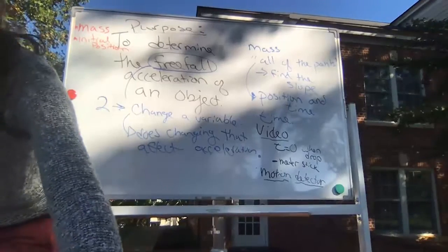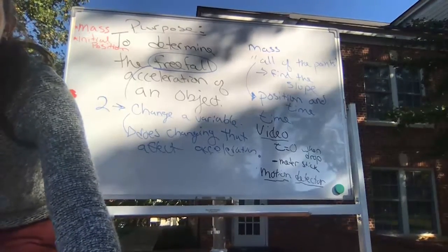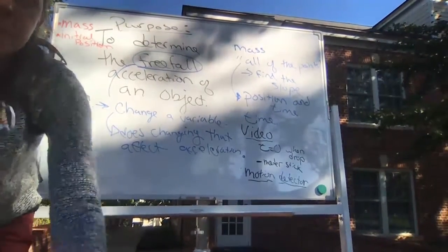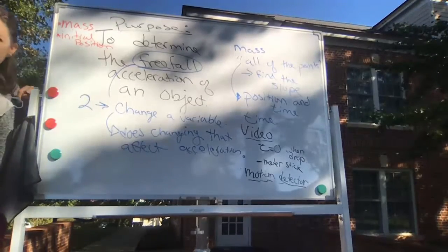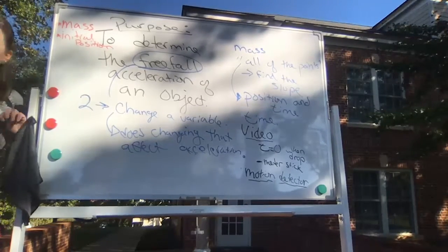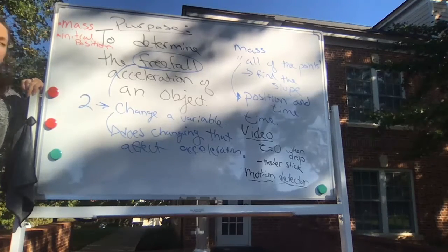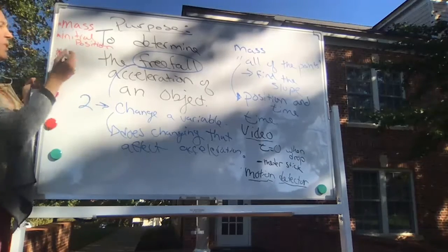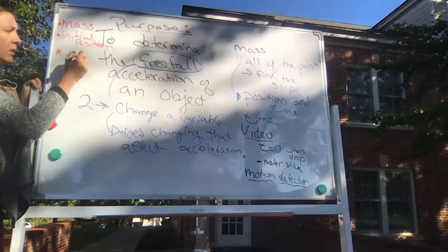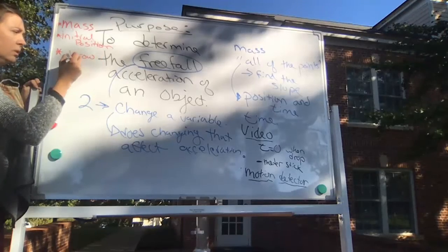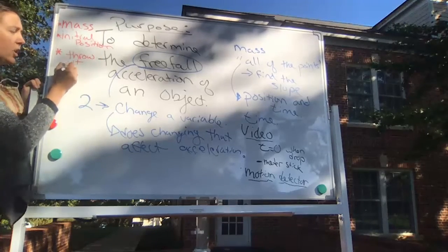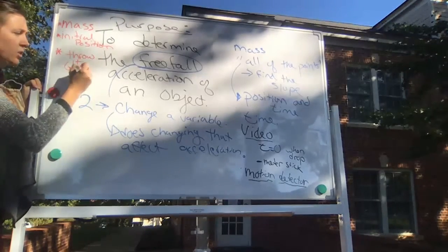How high it is from the ground? Yep, that's kind of like the initial position. What else could we change? Beautiful. If you throw it with force. So what is that idea of throwing it? What will that change? Yeah, that'll change your initial velocity. That's a good one.